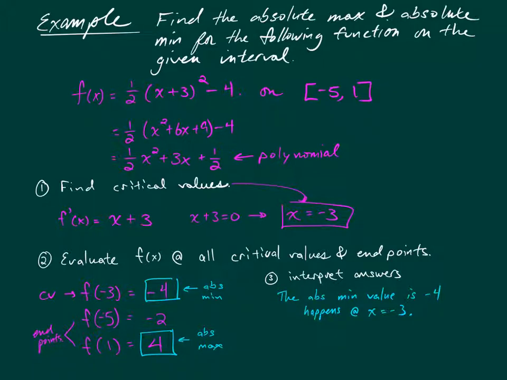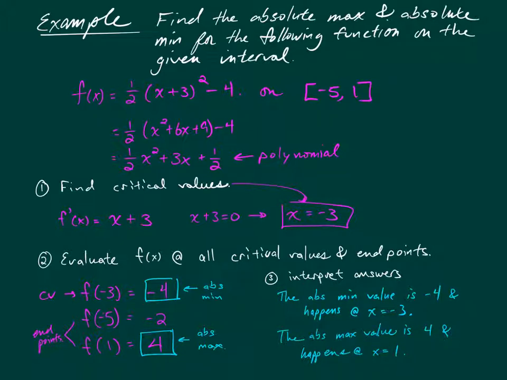In the other one here, the absolute maximum value is +4. So the absolute maximum value is 4, and this happens at x equals +1.